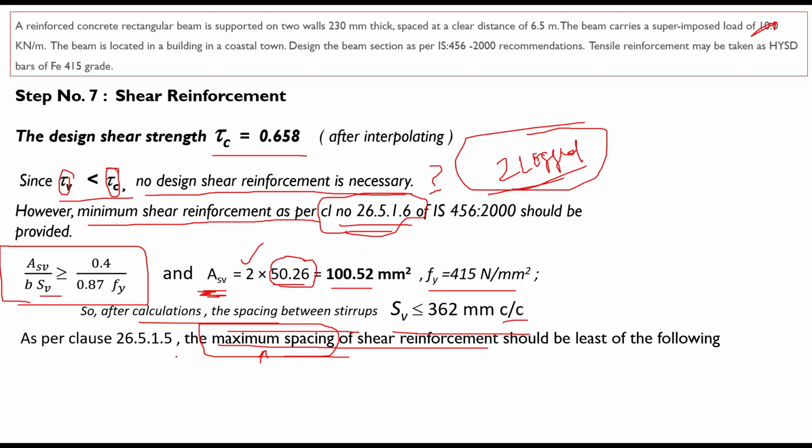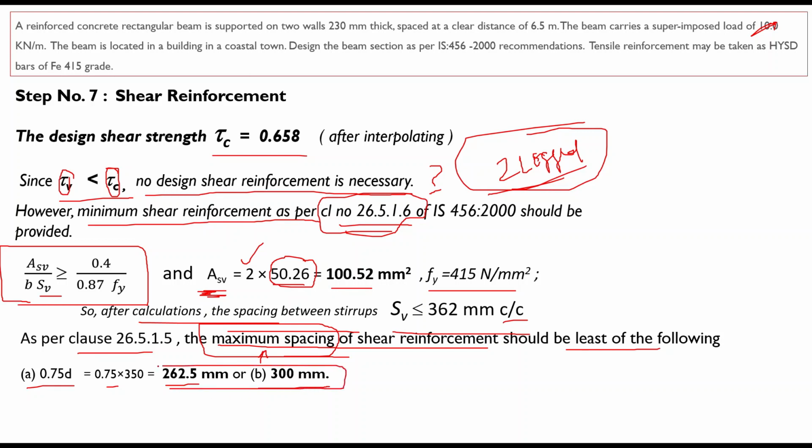Now what the code is suggesting in clause number 26.5.1.5 regarding the maximum spacing of shear reinforcement is that it should be the least of the following. First is 0.75d, so 0.75 into 350, that is 262.5, and in no case should it be more than 300. So we have to pick the least value out of these two.